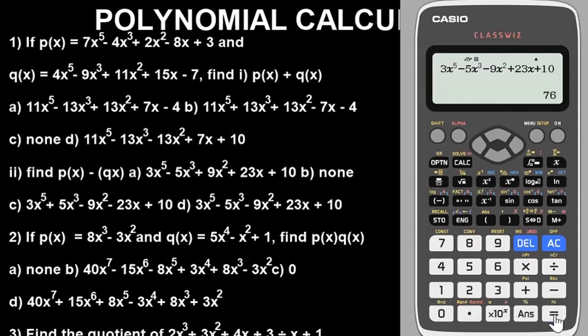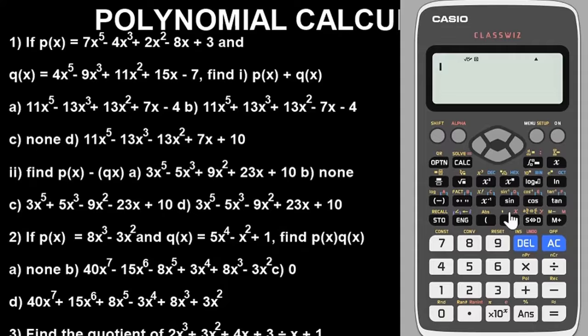No, so our answer is what? Option C, 64. So that's it for the subtraction aspect of it. So let's go to question 2, guys. We're making progress. Question 2 says if P of x equals this and Q of x equals this, find the product of the polynomials P of x and Q of x.